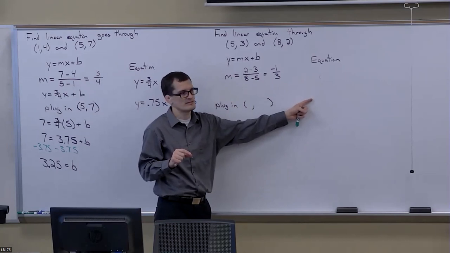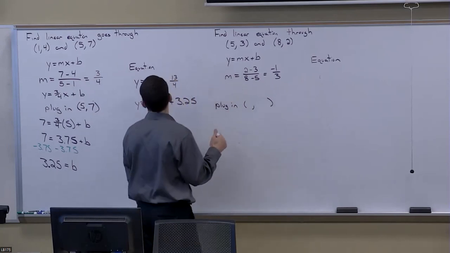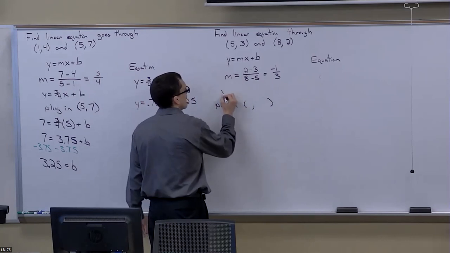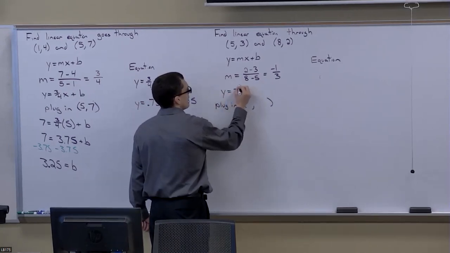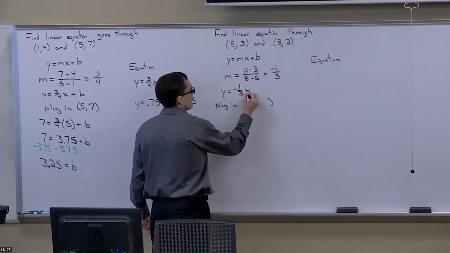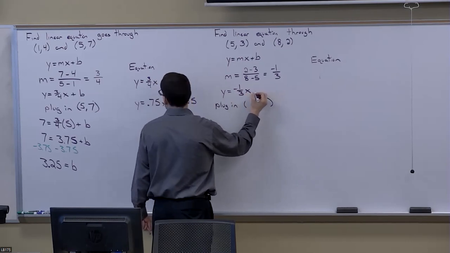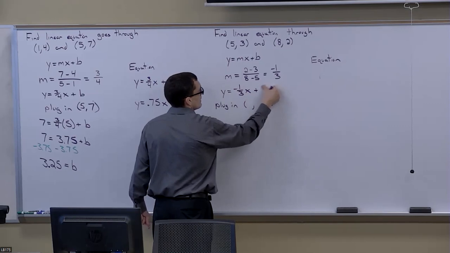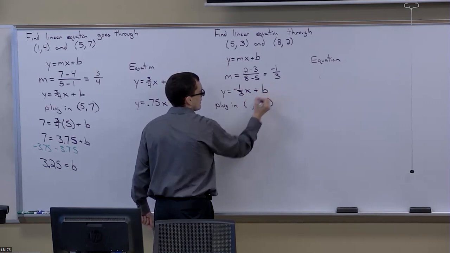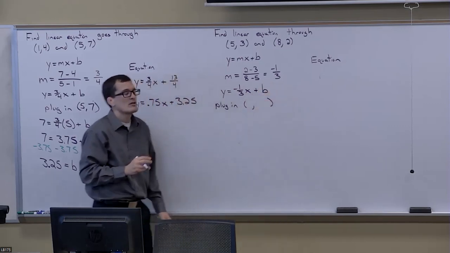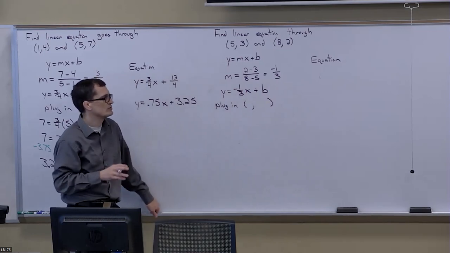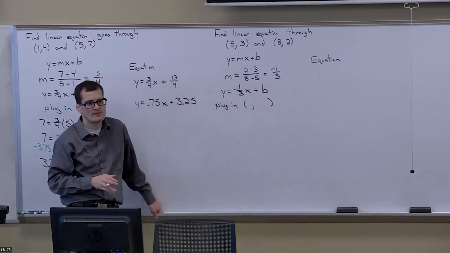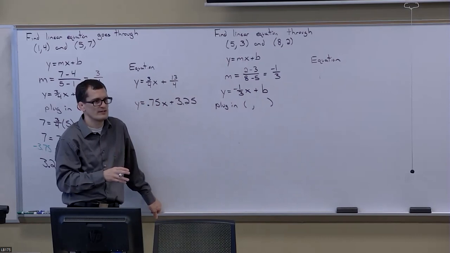That makes sense? So if you're in this situation where you have a slope of -1/3 or 2/3 or 5/7 or decimals that go on and on and on, use the fraction version of the slope until the very, very end.